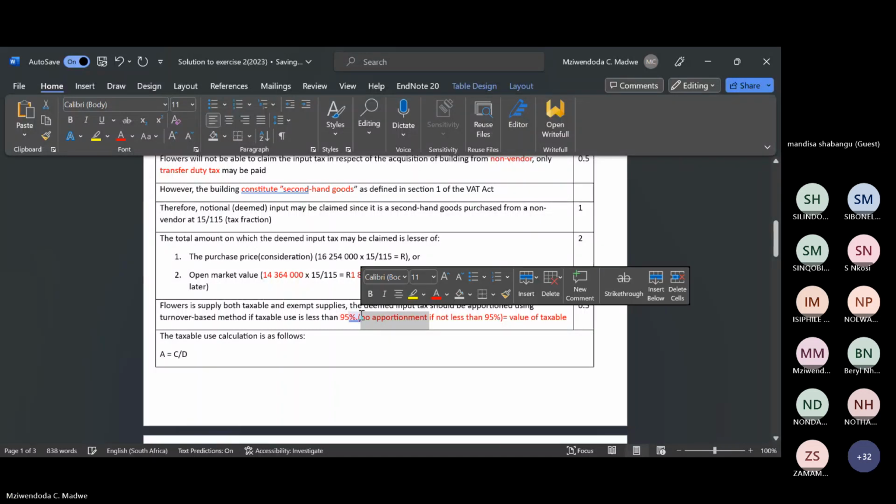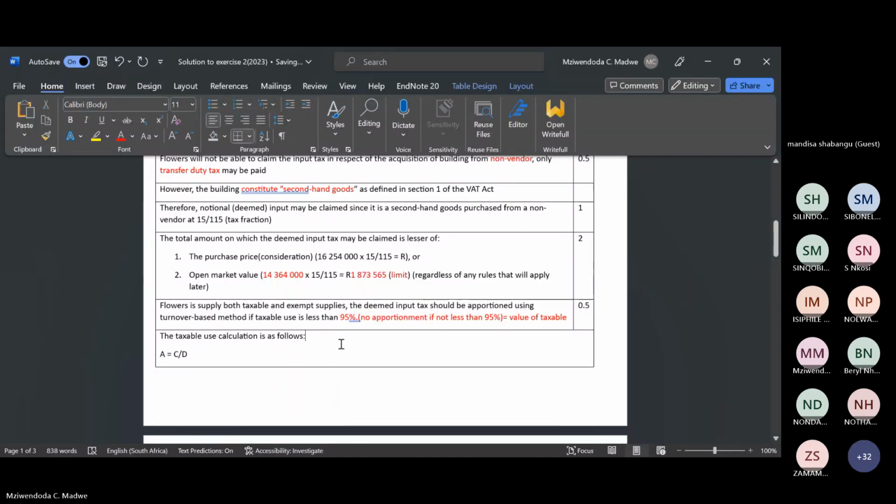But once the value of supply is less than 95%, you apportion. I'm going to explain this rule in details now.